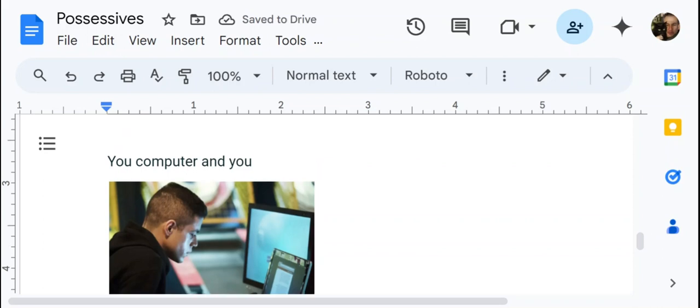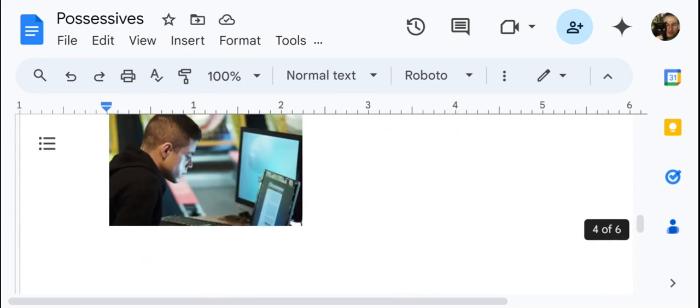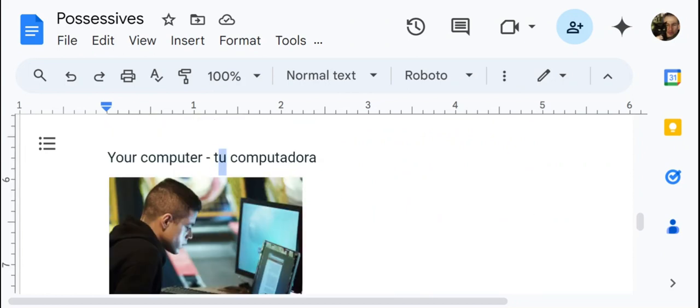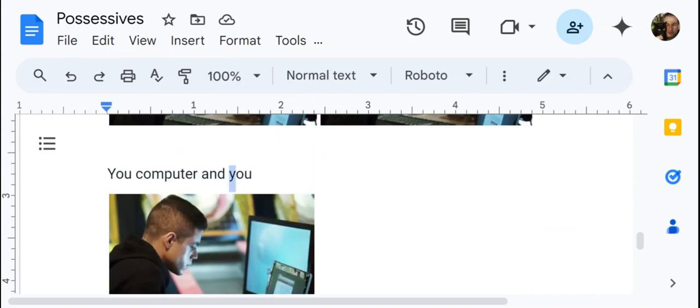Now, notice that every time I write the word your, I just write the T and the U or the T, U, and S. But if you put an accent on that word, you're not saying your, you're saying you. For example, if I want to say your computer and you, notice how the your doesn't have an accent mark.